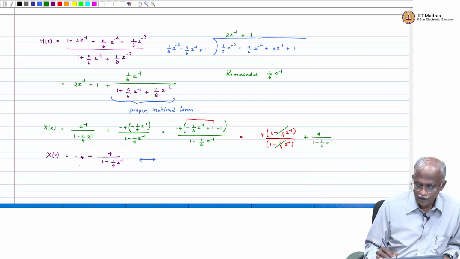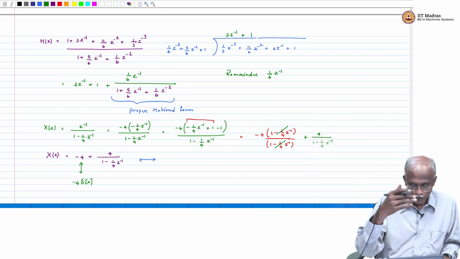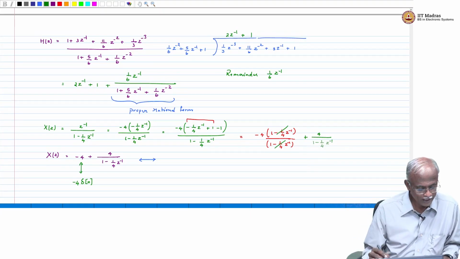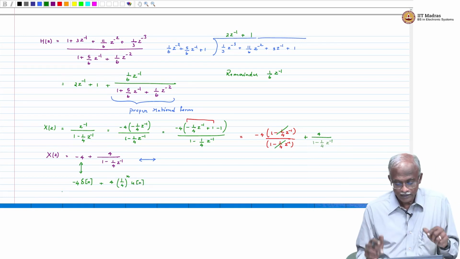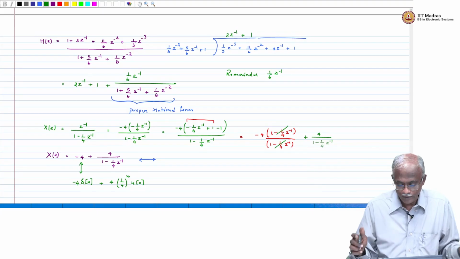The corresponding x of n for this will be minus 4 delta of n. Right? Minus 4 in the Z transform domain will give you minus 4 delta of n. And this one will be a scale factor of 1 by 4 multiplied by 1 by 4 raised to the power n u of n. Okay, so this is the second way that we have obtained.